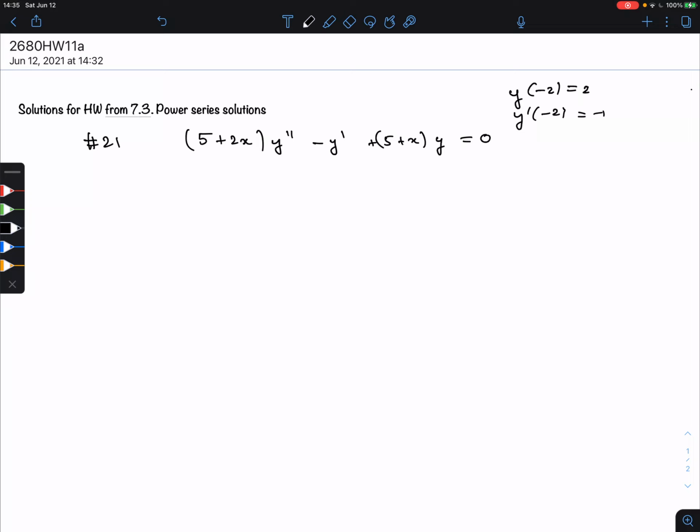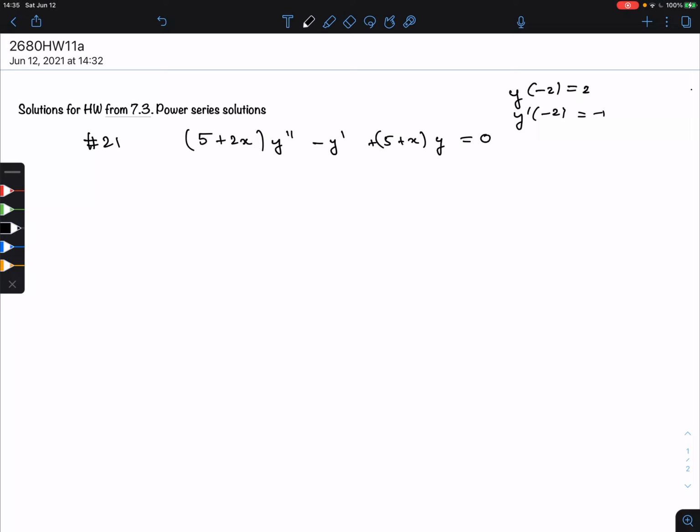The way to do that is you write x as x plus 2 minus 2, so you write it as a polynomial in x plus 2. Then you plug in, expand, and always keep the x plus 2 together. So this is 2 times x plus 2 minus 4 plus 5, which is 2 times x plus 2 plus 1. And the other one, x plus 5, is x plus 2 minus 2 plus 5, so that is x plus 2 plus 3.